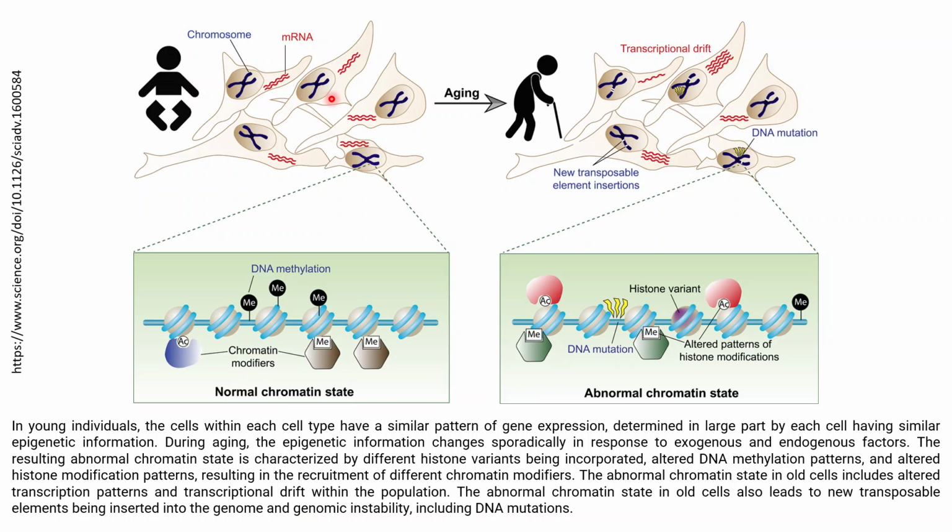So that's one way in which the epigenetic changes during aging can cause these various instabilities, leading to a transcriptional drift and an altered state of the cell altogether. So I hope that is clear.